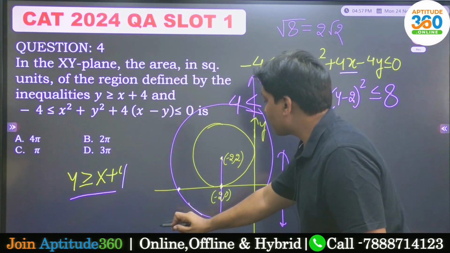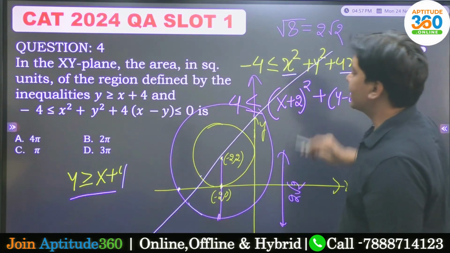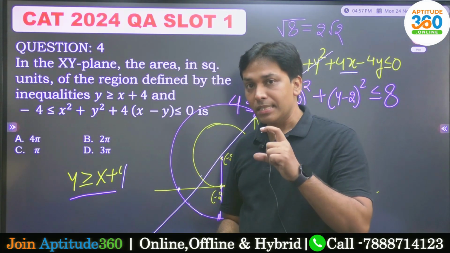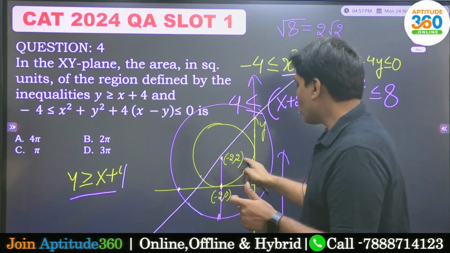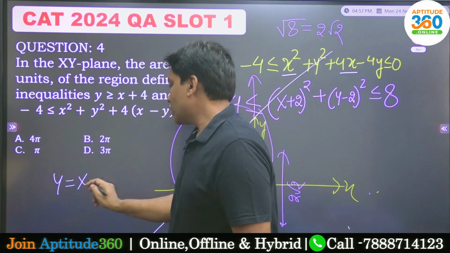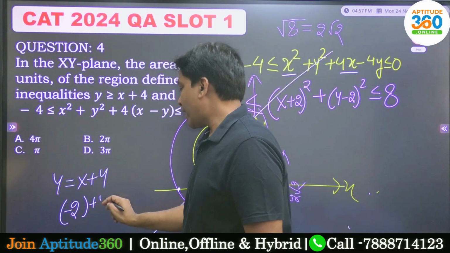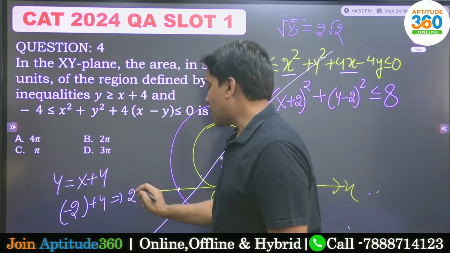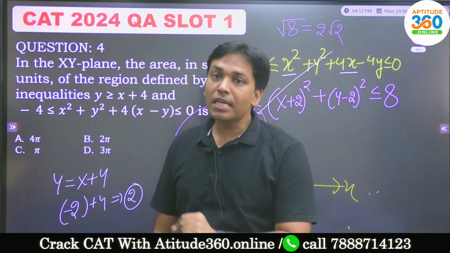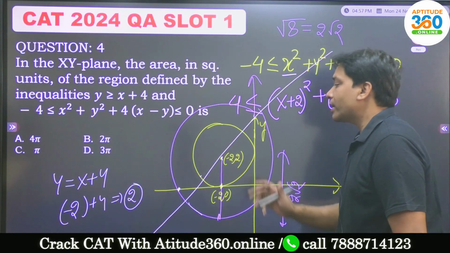This line will be passing through (-2, 2). You can check it. If you have y equal to x plus 4 and you plug in x as -2, you will get y as positive 2. So what does this mean? That this straight line is passing through the center of these two circles, which is (-2, 2).